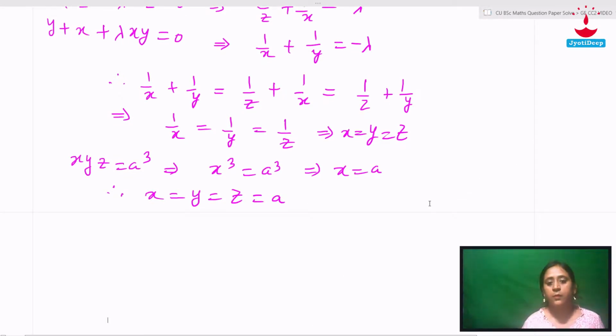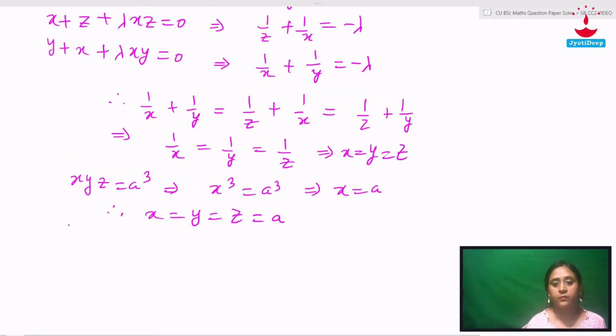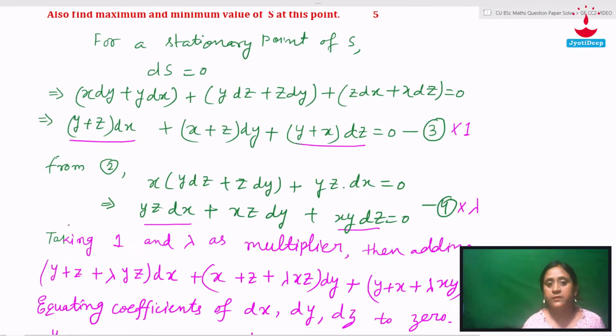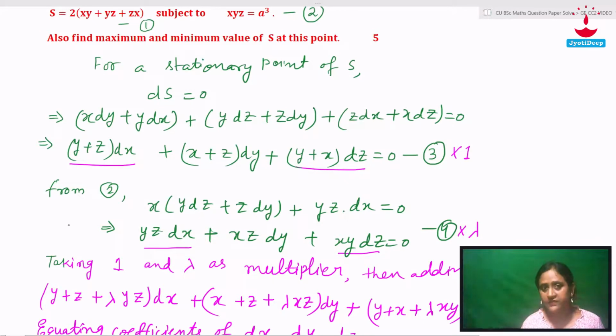Now what we can do? We can find out del s del x, means differentiation of s.